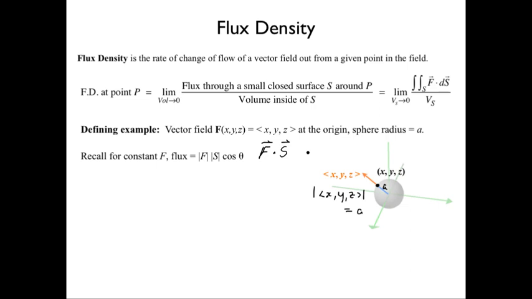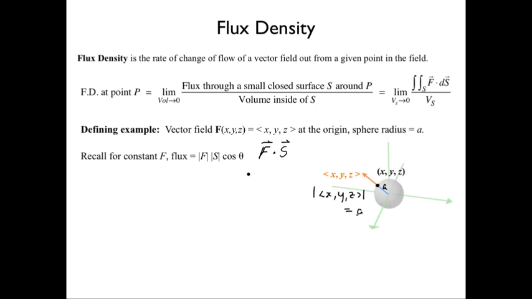Okay, so what is the magnitude of F for all vectors on the sphere? A. What is S? What about the surface? The area of the surface. And what is theta? So what's our theta? It's 0, because all those F vectors are already orthogonal to the surface.